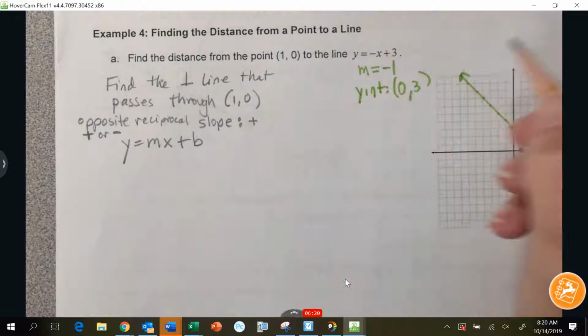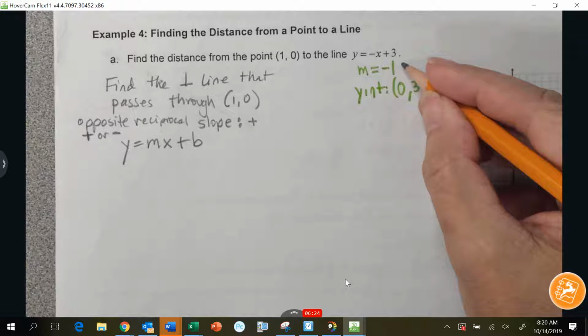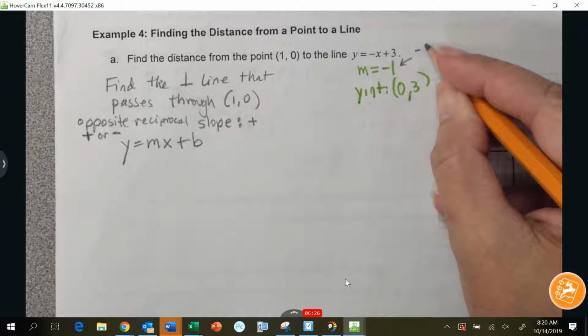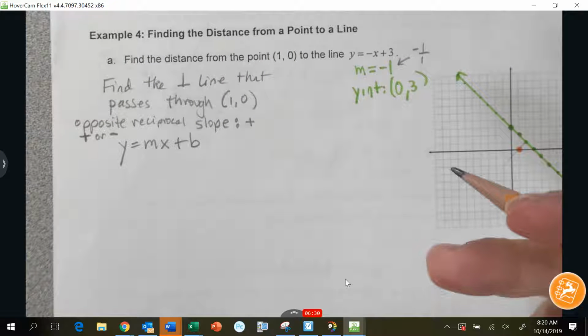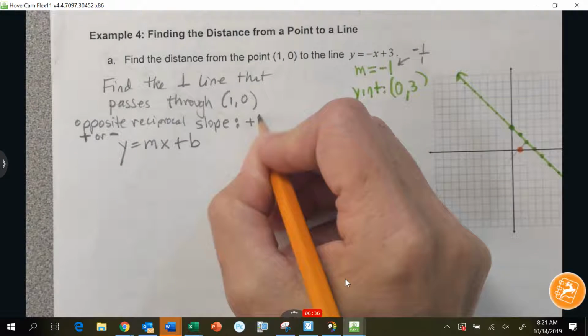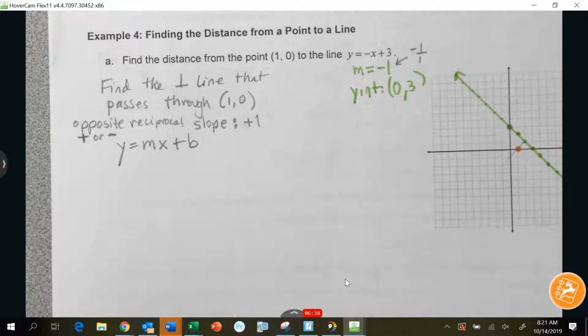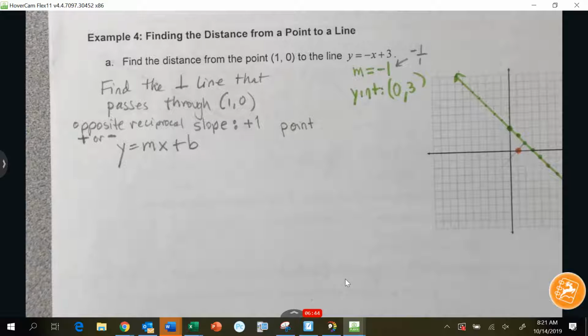I'm going to write it just because we're talking about it. And then we also have to reciprocate it. So if this one is -1/1, when I reciprocate that, what do I get? Positive 1/1, or just positive 1. So now we have our opposite reciprocal slope. We also need a point. Emily, what point should I use?